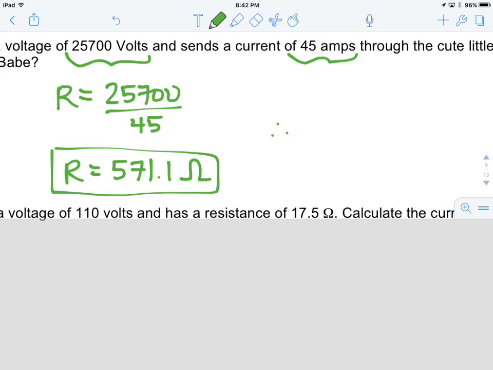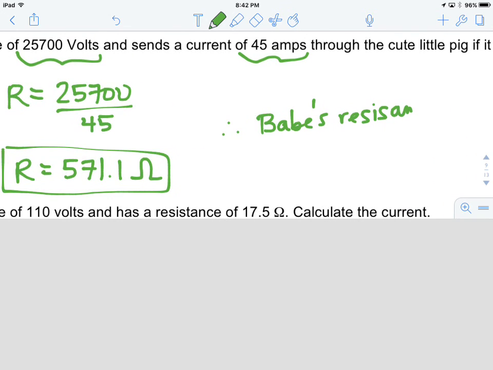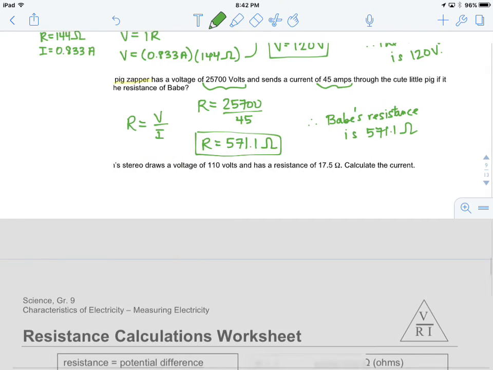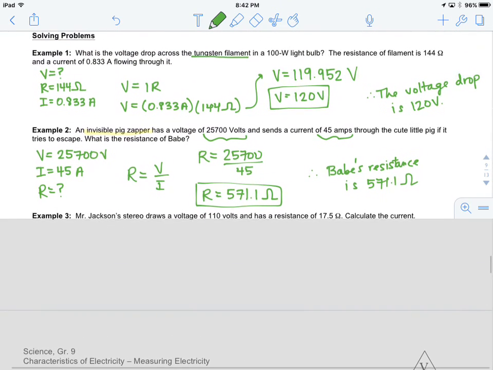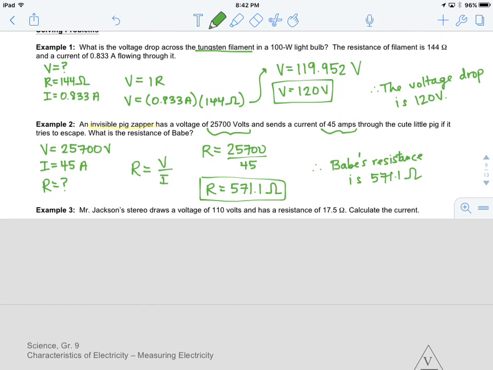And we would say, therefore, Babe's resistance is 571.1 ohms.